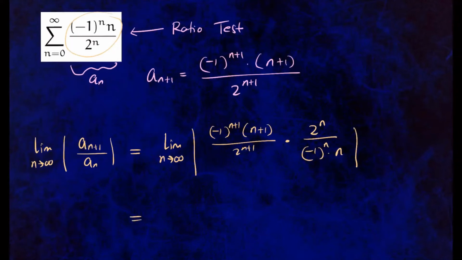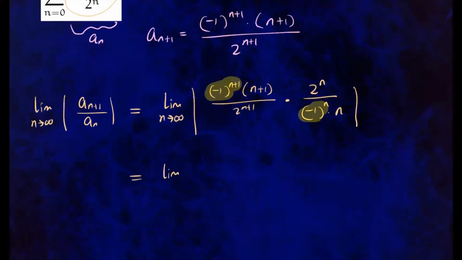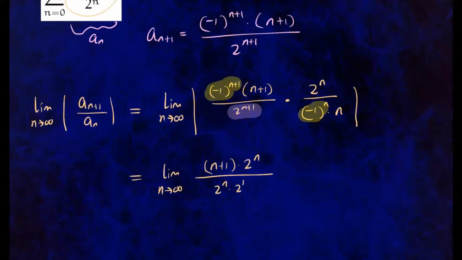Now, if you were to take the absolute value of all of these terms, the absolute value will make these disappear. So these negative terms will drop off. So you're left with the rest. So let's simplify that and drop the absolute value. So we take the limit as n goes to infinity of n plus 1 times 2 to the n over, now this right here, 2 to the n plus 1, I can write it as 2 to the n times 2 to the 1, because that's true by laws of exponents.